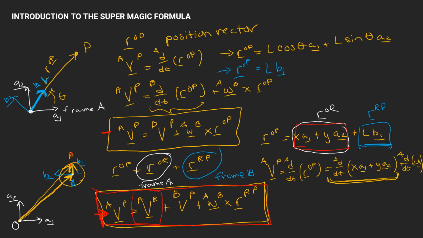You can obviously get from this equation here to this equation. So our first example was a more restricted version of the following. Hopefully you can see how to get there, but if you can't, just let me know. And so with this, let's introduce the super magic formula.